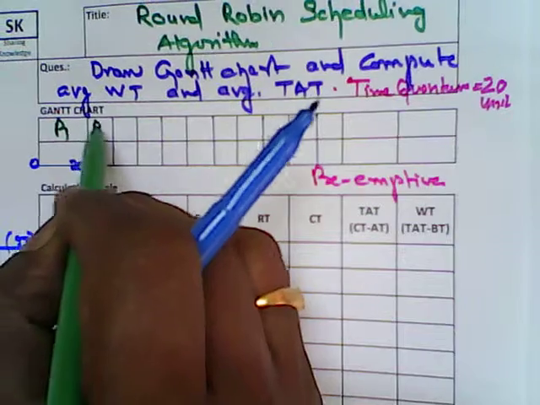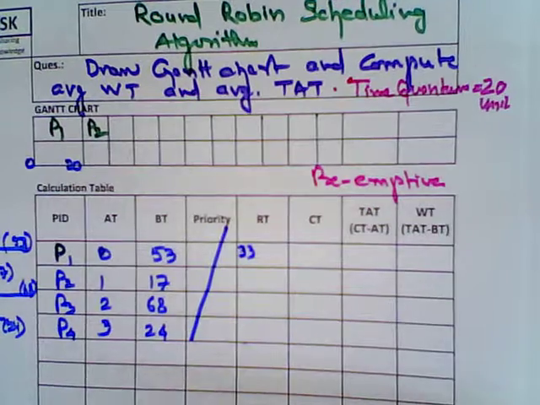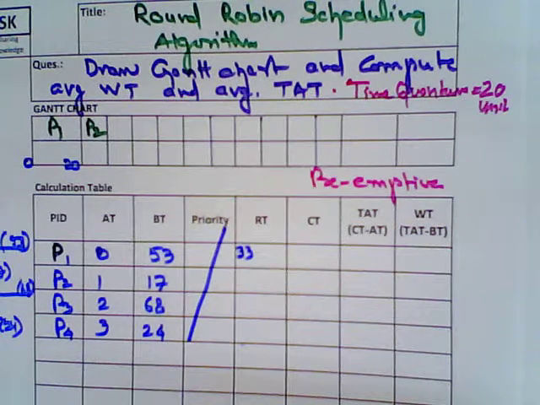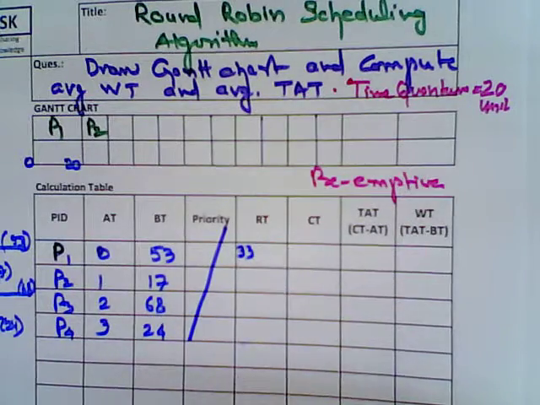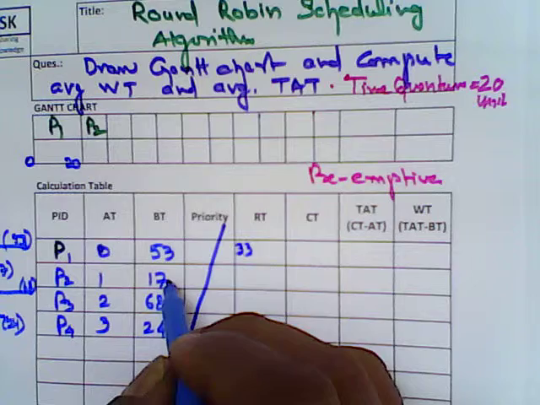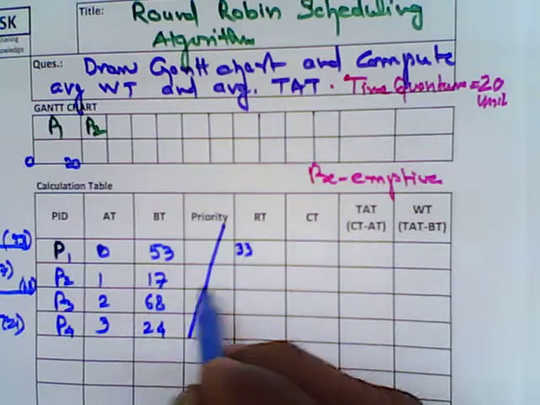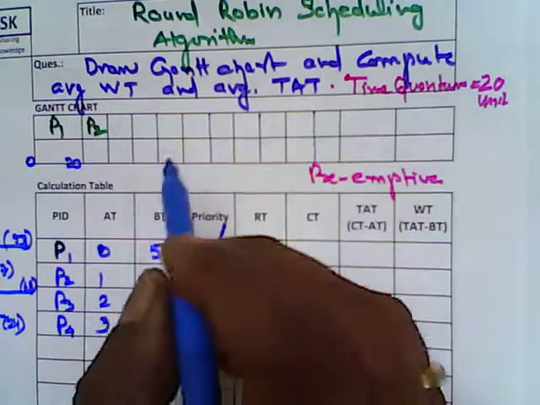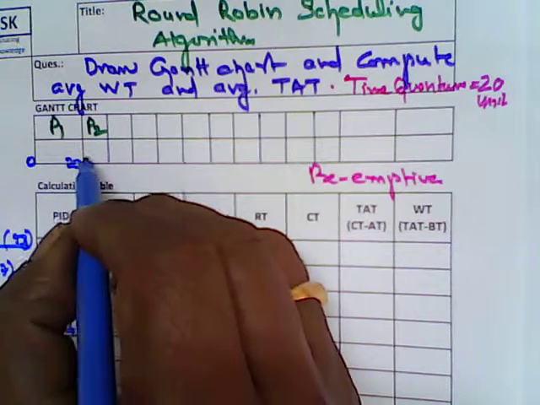The burst time is very low, because in the case of round robin, it is more or less similar to the nature of FCFS. So P2 will process 17, because 17 is less than 20, so we can take the whole 17, and it becomes 0. We add 17 to 20, so it becomes 37.